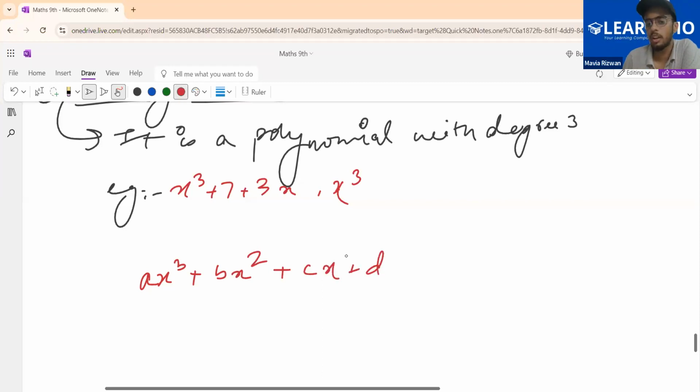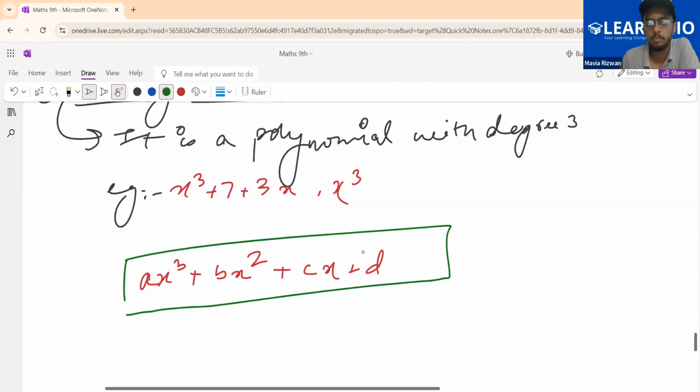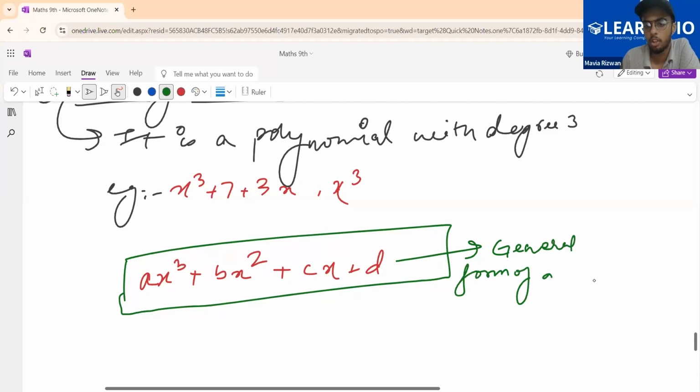Okay, this is the general form of a cubic polynomial.